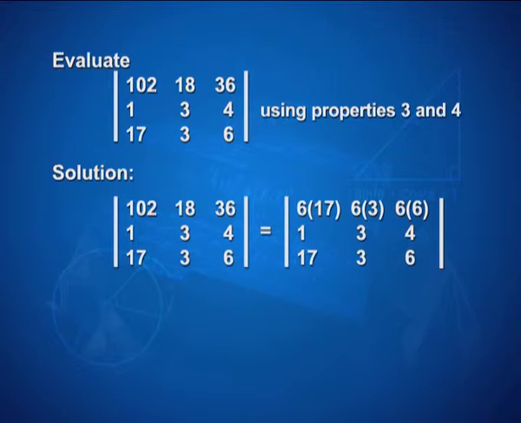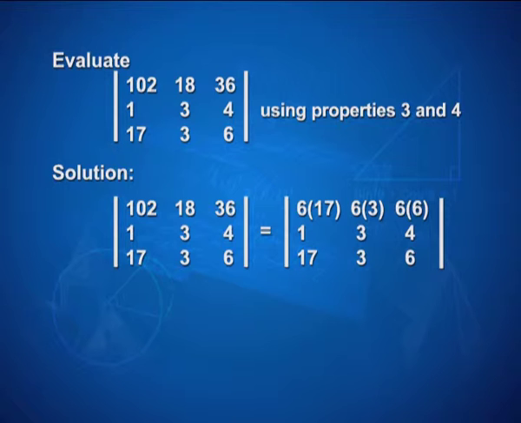For the solution, note that this determinant could be expressed as determinant with 6 into 17, 6 into 3, 6 into 6 as the first row, 1, 3, 4 as the second row, 17, 3, 6 as the third row.